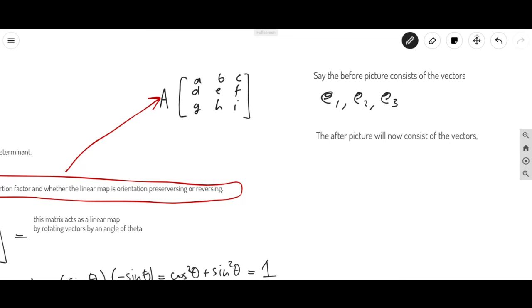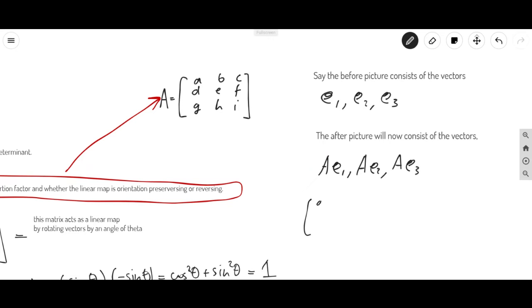So let's suppose this is our matrix. So you have to apply the matrix to these vectors. So in this case, you would have Ae1, Ae2, and Ae3. But look what happens if you work this out.